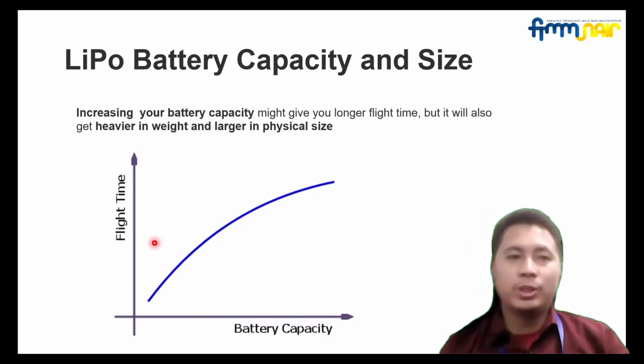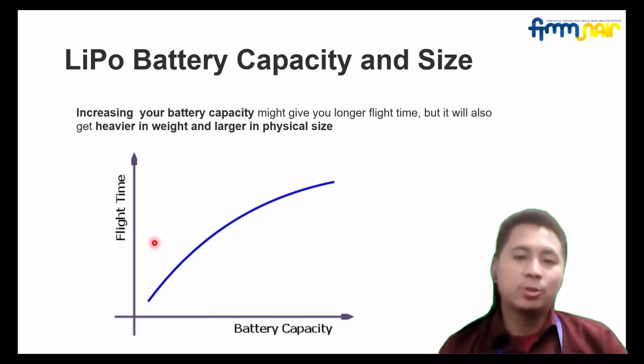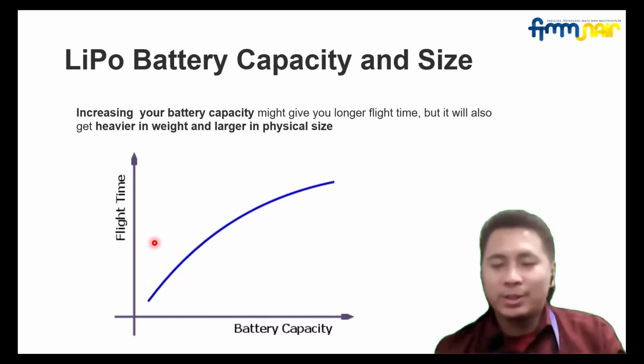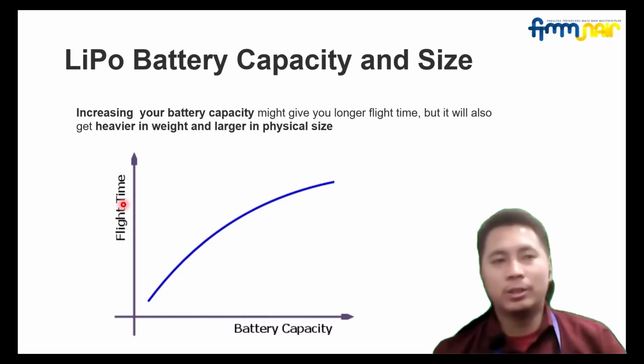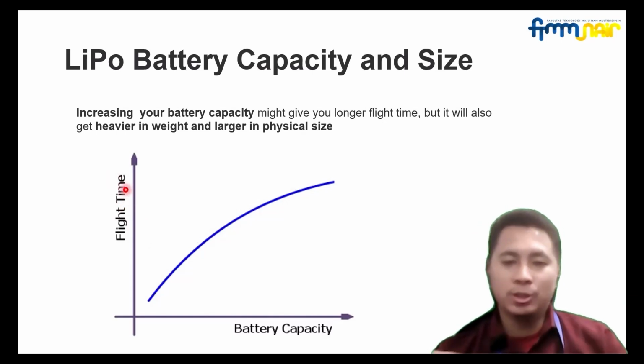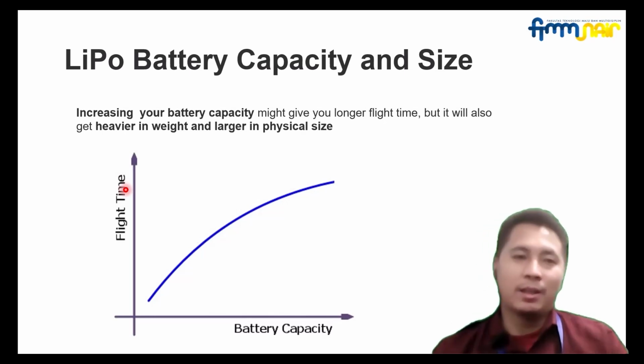Eventually, it will reach a point where you don't gain any more flight time with a bigger battery. When you push the battery size bigger, you will not get a better flight time. It will get stuck at some flight time. You have to get a higher density battery, I think.